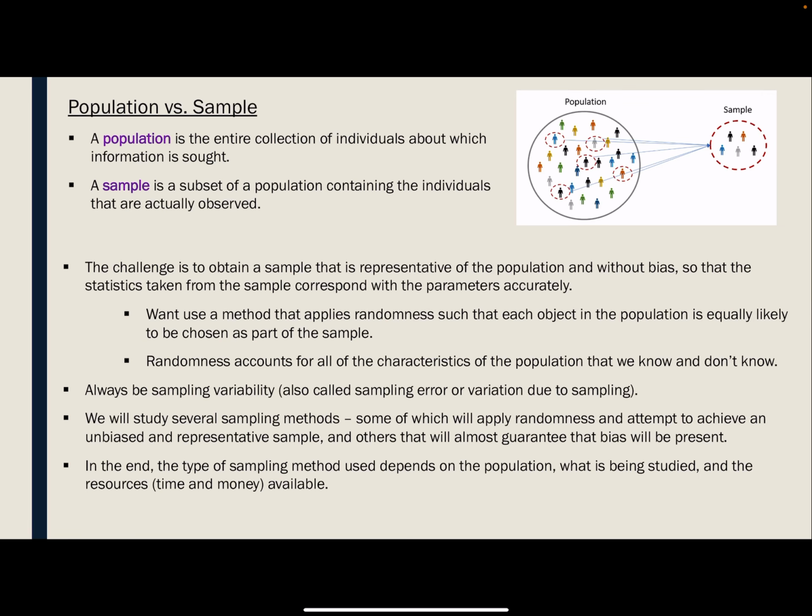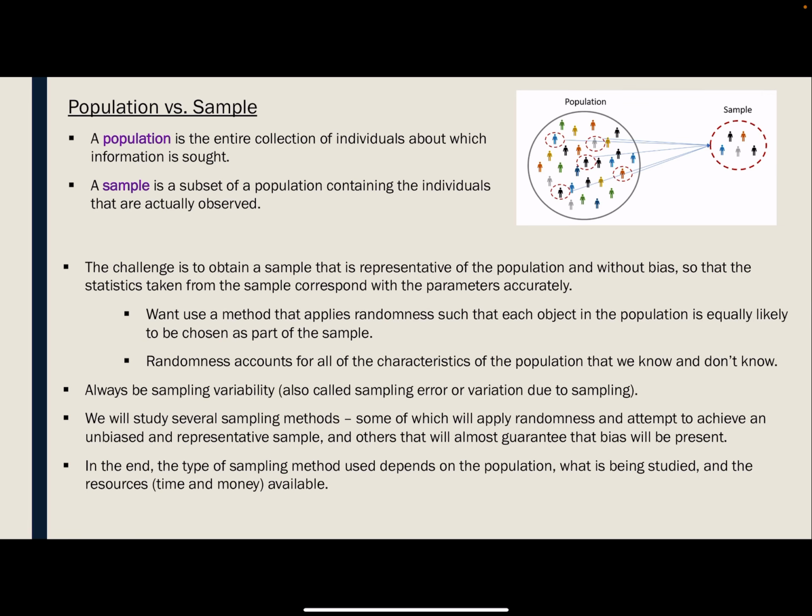And the challenge is to have that sample, that subset, be perfectly representative of the population and without any bias, so that when we make conclusions about that sample, we can then apply it to the population. So there's a lot of discussion about how do we collect a sample that's representative of the population.